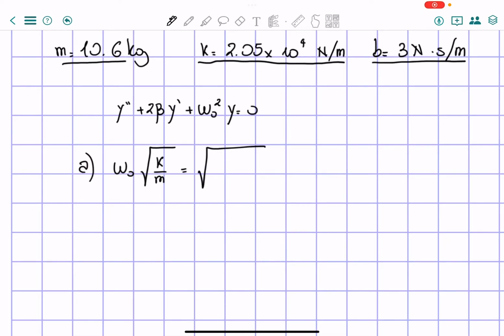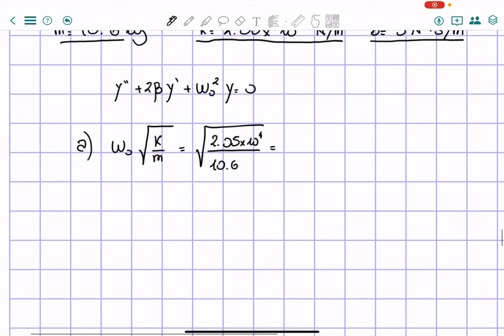By plugging in the numbers, we have 2.05 times 10 to the power of 4 divided by the mass, which is 10.6. Of course, all the numbers have to work out for us. And therefore, we get, let me check, 2.05 times 10 to the power of 4 divided by 10.6.